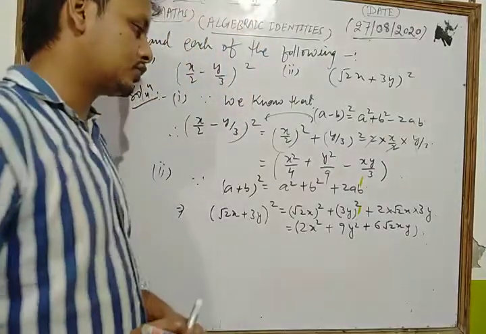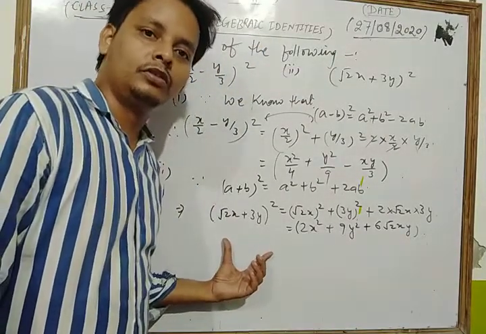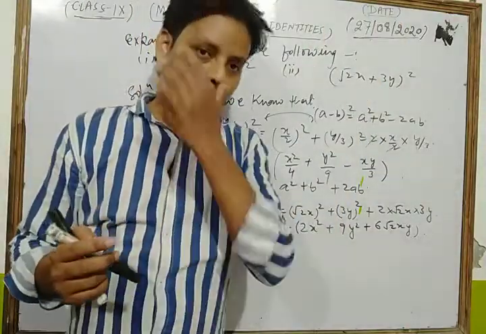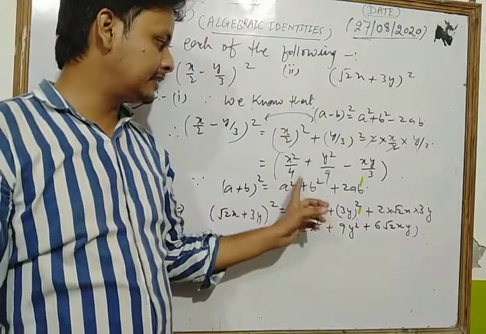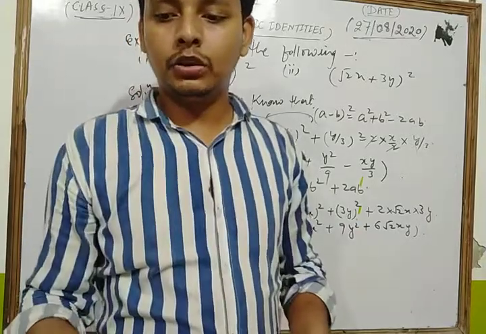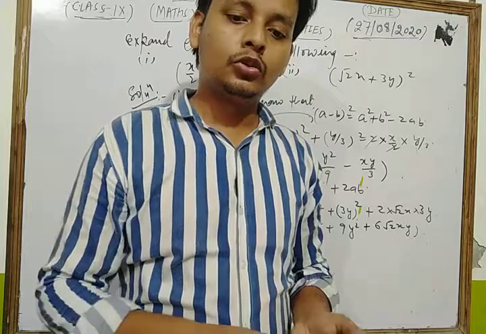So dear students, in this way we can solve that type of questions. Now clear? You can expand all the questions based on these identities in this way. Now we take some other questions based on identities and their solutions.